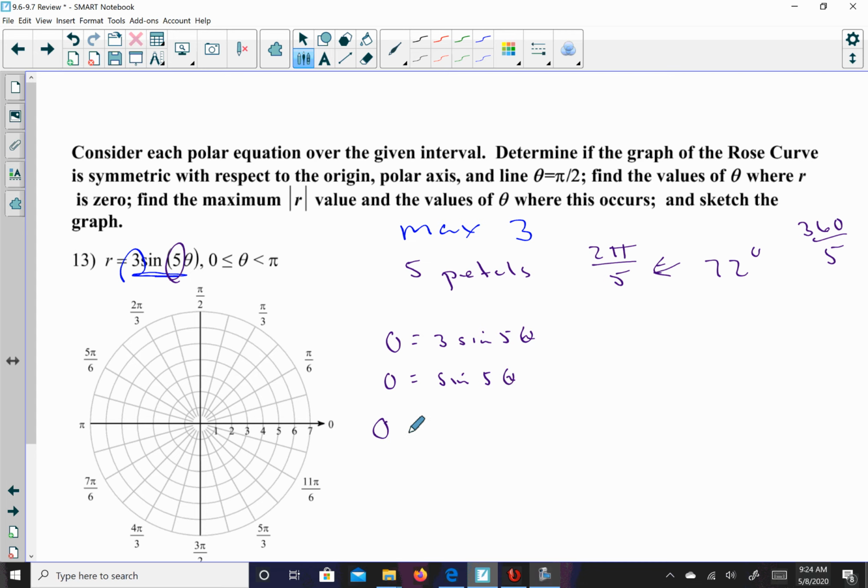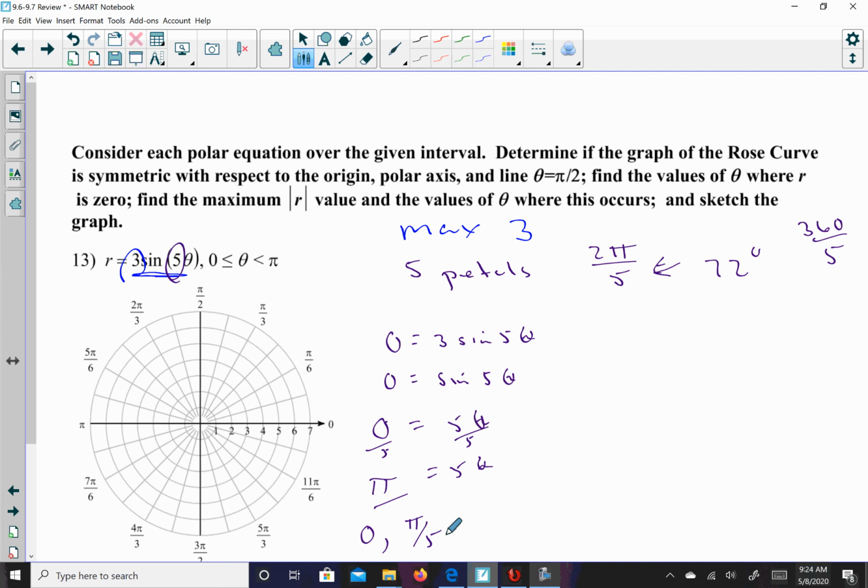So I'm going to say 0 and pi are the 2 places that the sine is usually equal to 0, but it's 5 theta, so I'm going to set these both equal to 5 theta. Dividing both sides by 5, my zeros are going to be at 0 and pi over 5. And I could keep on continuing, but I'm just going to leave it like that for right now.